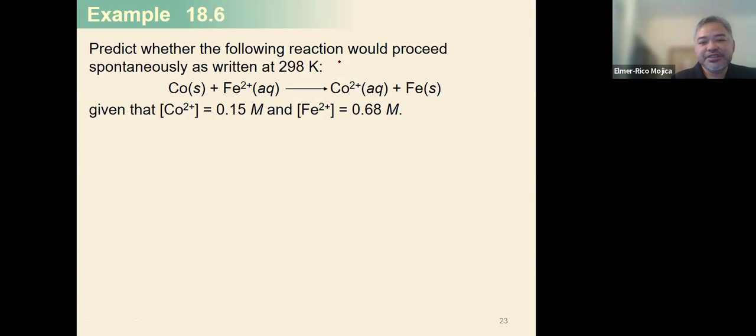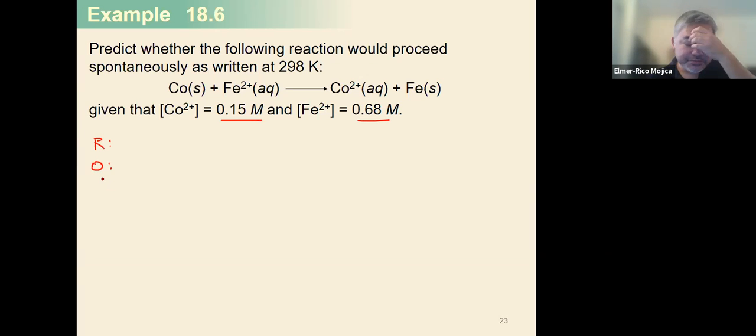Predict whether the following reaction would proceed spontaneously as written. So you have cobalt plus Fe2+ producing Co2+ plus Fe. What if the given concentration of Co2+ is 0.15 and Fe2+ is 0.68? How are we going to solve that? Again, we have to determine which one is reduced and which one is oxidized.